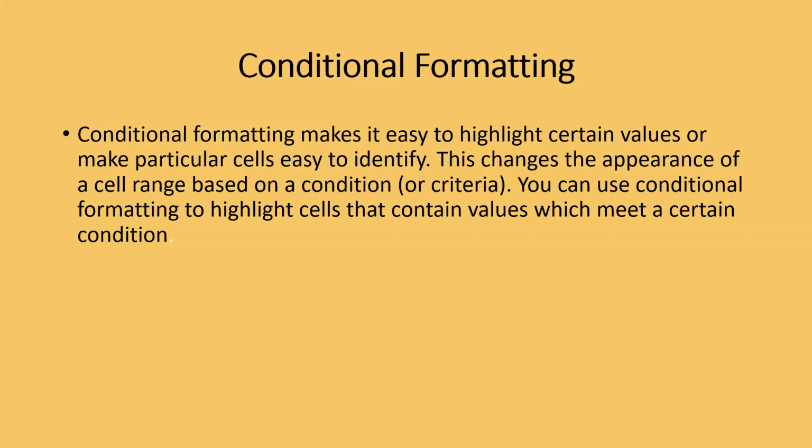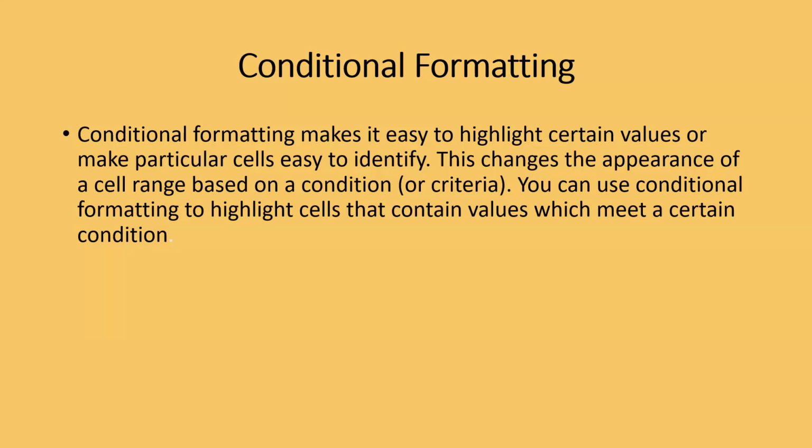So depending on the conditions we specify, we can decide to change the color of either the text or the cell that contains the value that meets our condition. That's what conditional formatting is all about.